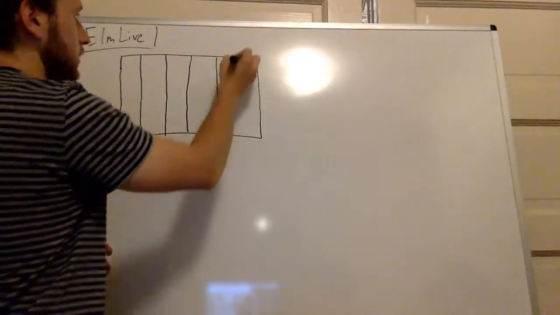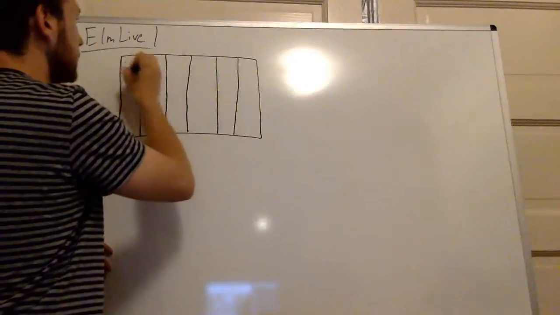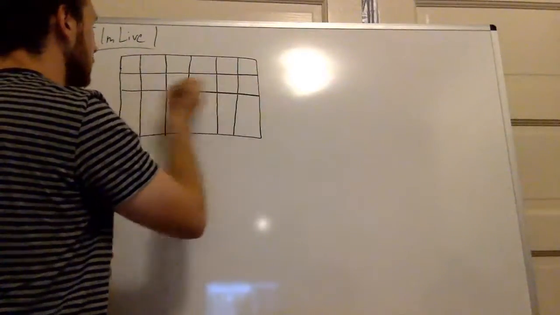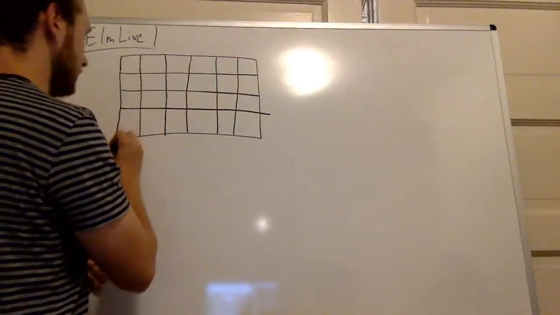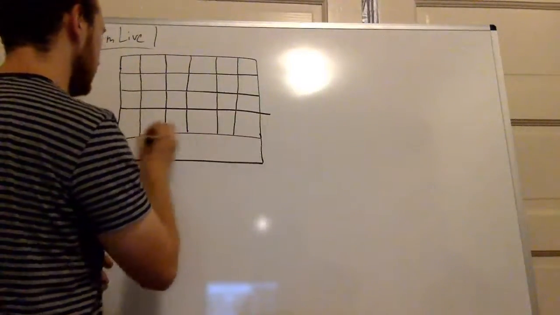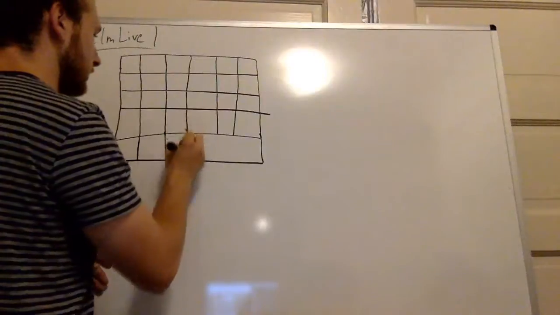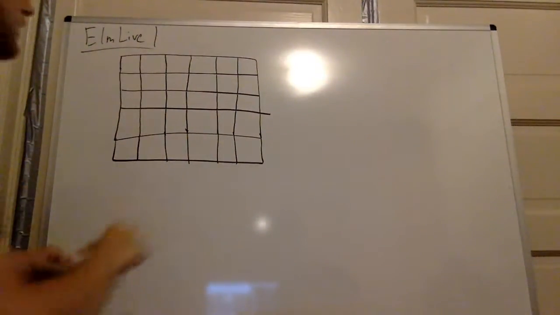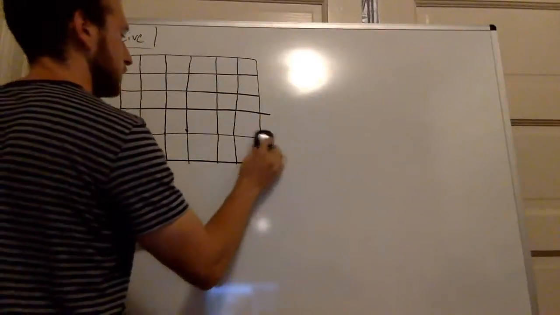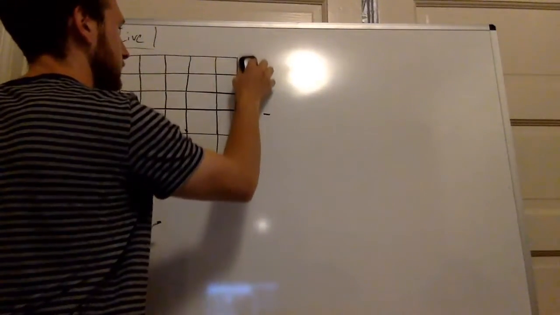So let's say this is a map. So let me know, 1, 2, 3, 4, 5. Actually, this is not 5 by 5. This is 5 by 6. So let's keep this square.